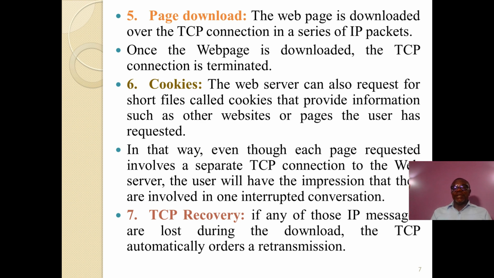Now, the seventh thing that will happen is the TCP recovery. So, if any of those IP messages, their packets, are lost during the download, the TCP automatically orders a retransmission, because it will be checking what is coming from the address. Is it what is coming into the dialing user's device that requested it?